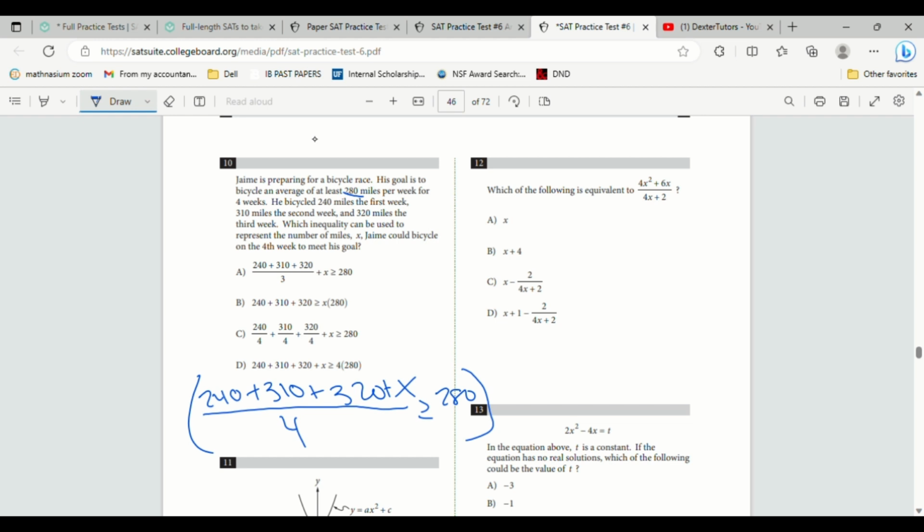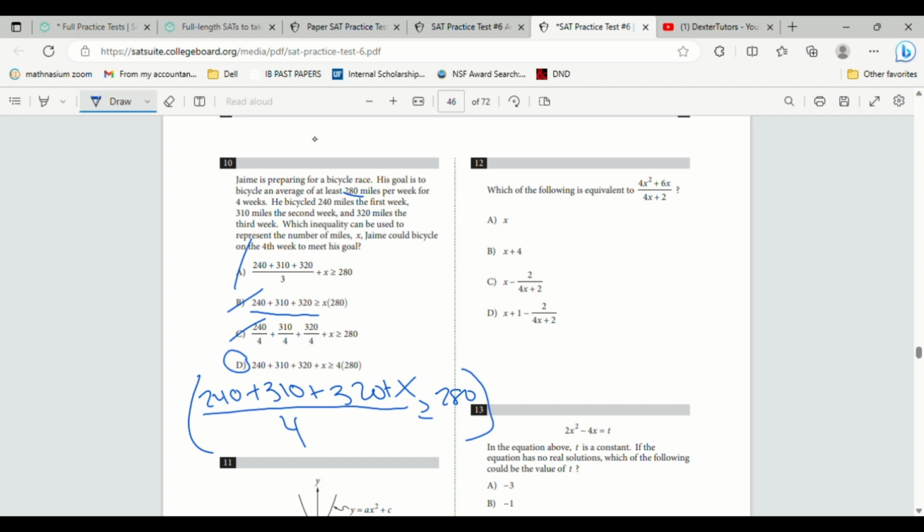Choice A does not because it's dividing by 3. Choice B does not, because it's not dividing by anything. And not even that, it's not adding up 4 terms. We need to be adding up 4 terms. Choice C is dividing everything by 4 except for x. And so that leaves us with choice D, but why is D correct?